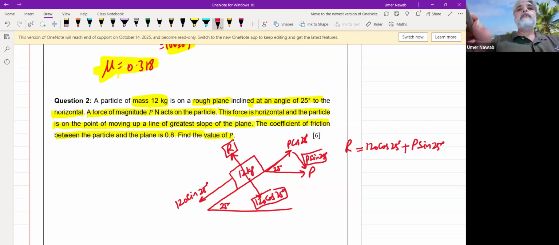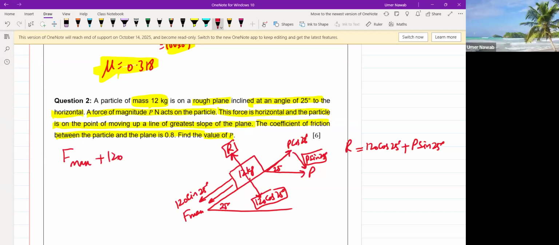And as per the question, the particle is on the point of moving up. So F max plus 120 sine of 25 should be equal to P cosine of 25 degrees.